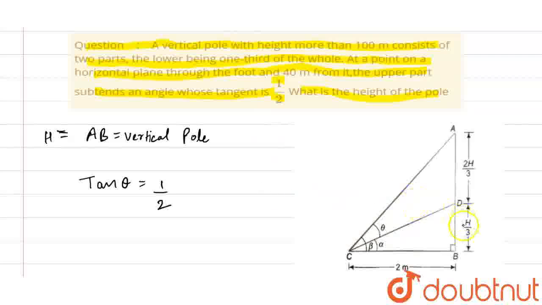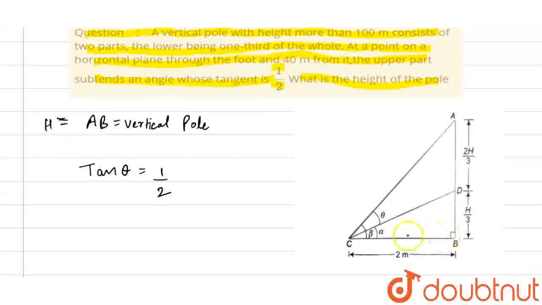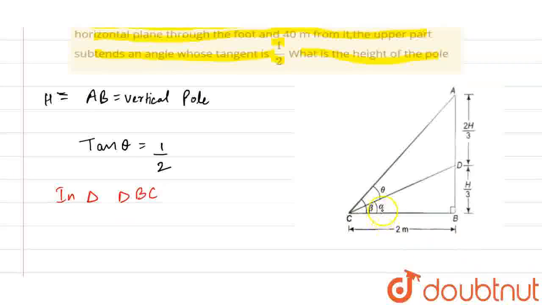Now according to the diagram, AB is the vertical pole and the point is 2 meter away. First of all, in triangle DBC, the angle is alpha, so tan alpha is perpendicular upon base, which is h/3 divided by base 2, so we get h/6.